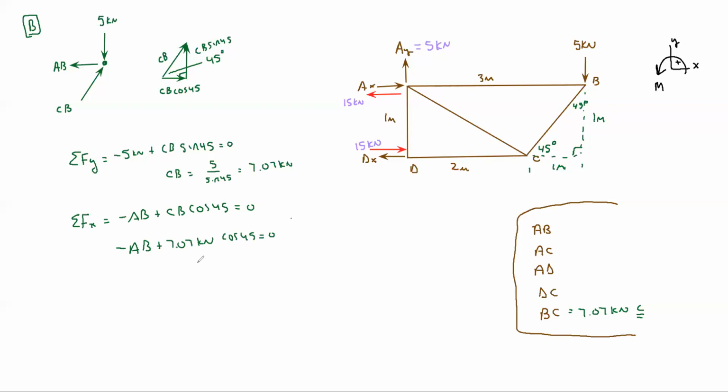That gives us, if you solve for AB, 5 kilonewtons. That came out positive, which means I have the correct guess. So the reaction to member AB is pulling away from the point, which would be a reaction of AB being in tension. 5 kilonewtons in tension.